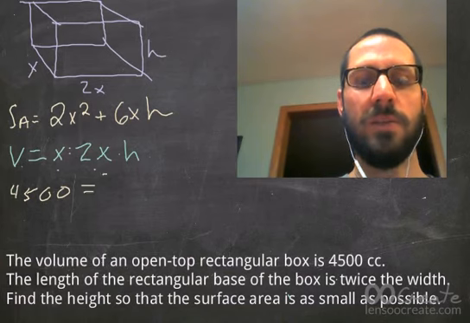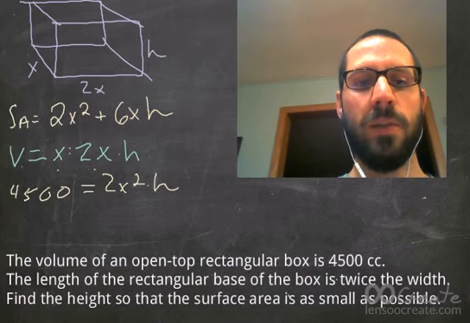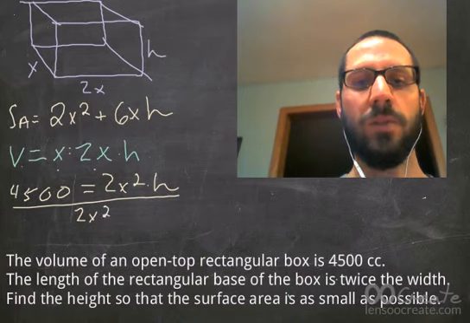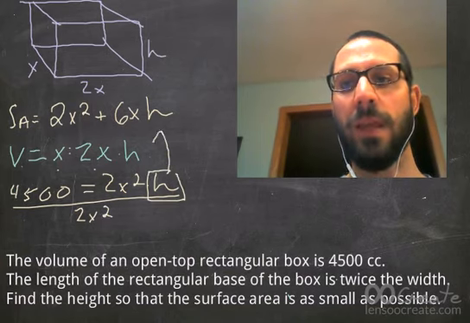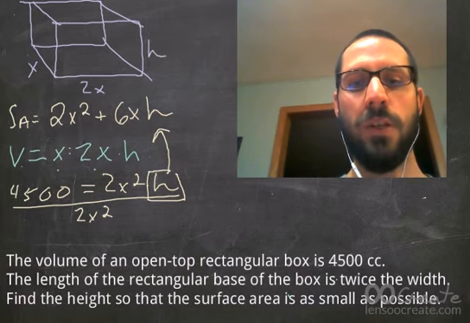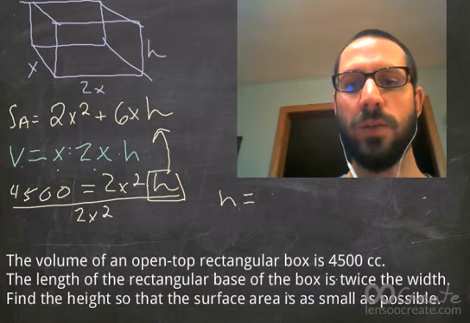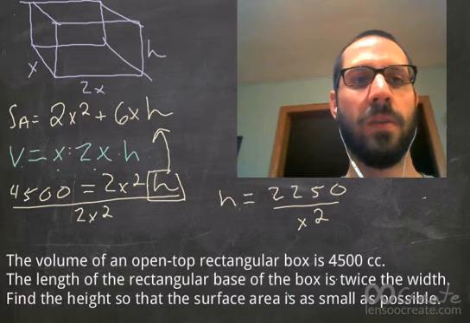And x times 2x is 2x squared times the h. Now, if we divide by the 2x squared, we get an equation for h that we can substitute into the other equation and make it all x's. So h equals 4,500 divided by 2x squared, which would be 2250 over x squared.